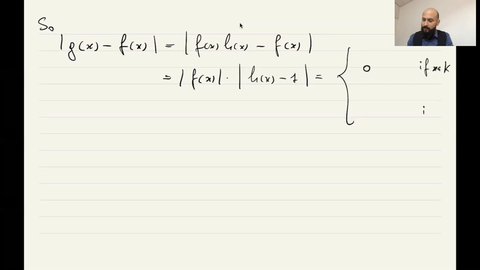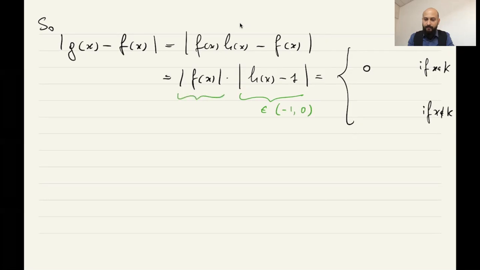Instead, if x is not in K, remember h was a function between 0 and 1. I remove 1 and I get something that is between -1 and 0.